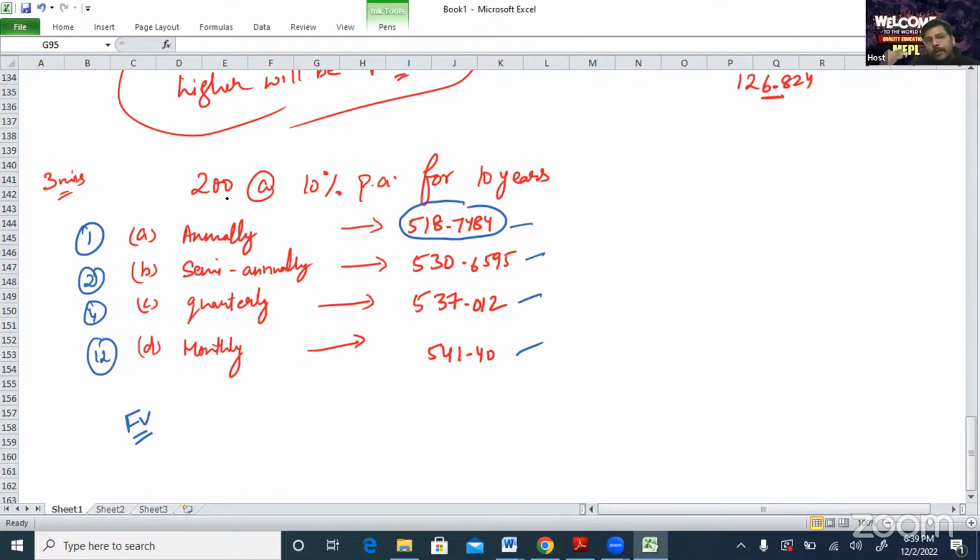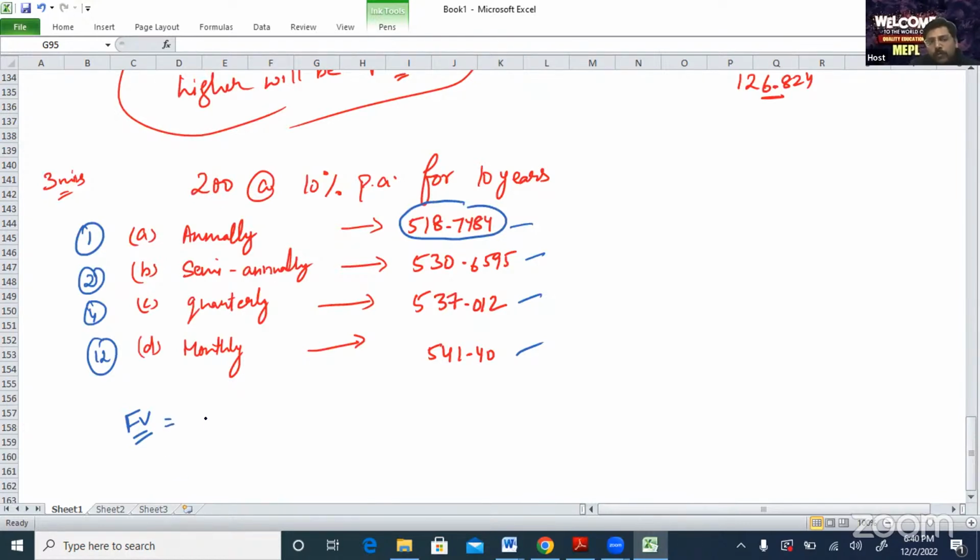If I change the question like this: in the future I have to receive 518.7484 rupees, but how much should I invest today for it to become that? So how much money should I invest today? It means I am talking about calculation of the present value.